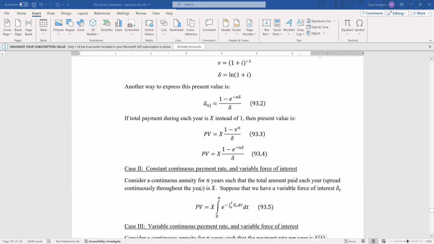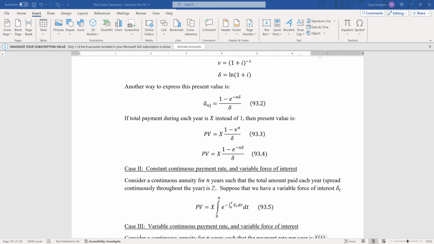Now in case 2, we still have constant continuous payment rate, but now we have variable force of interest. So the interest rate is no longer constant. Again we consider a continuous annuity for n years such that the total amount paid each year is x, spread continuously. I'm not treating the payment of 1 separately, because payment of 1 is just a special case where x is equal to 1.